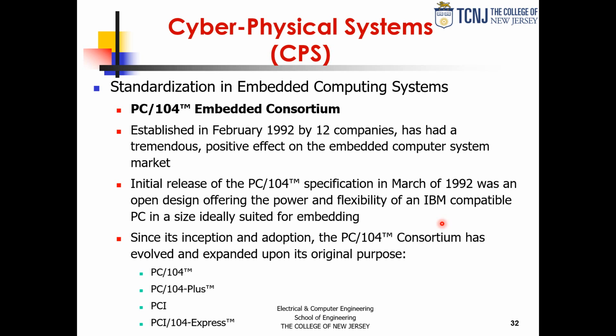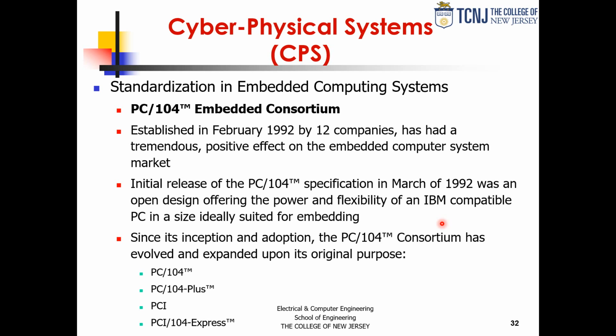Now, by that time in 1992, the PC had been coming for about 10, 12 years. And it was clear that the PC was here to stay, okay? That was clear at that point.